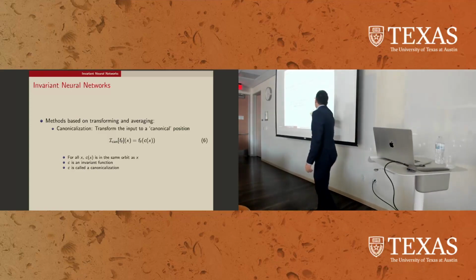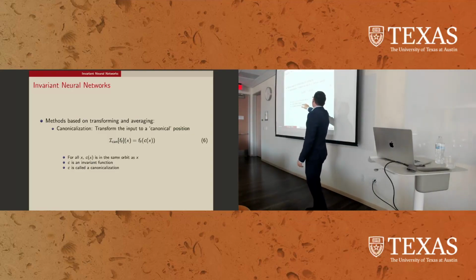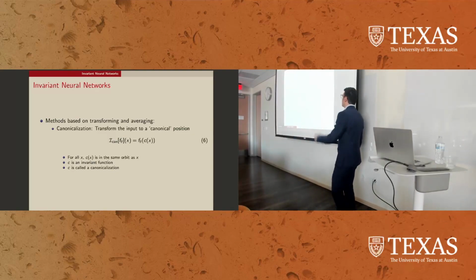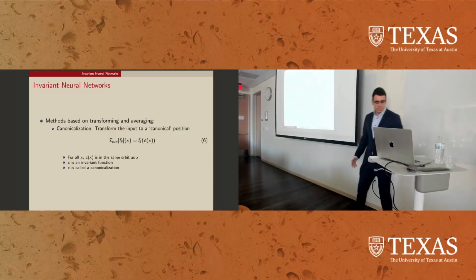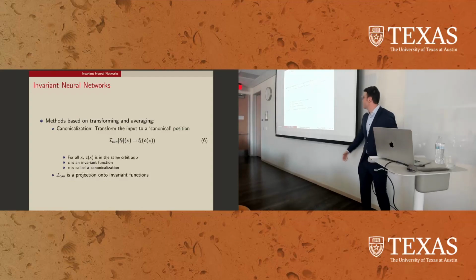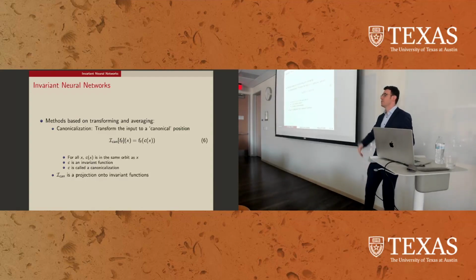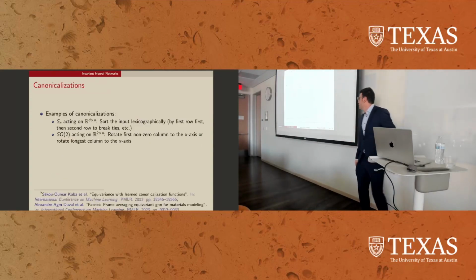So this function C represents this canonicalization, and the property we want it to have is that it basically collapses every orbit to a single point in the same orbit, right? And this, again, it's easy to verify, is going to be a projection on invariant functions, so you get this preservation of being a universal architecture, right?